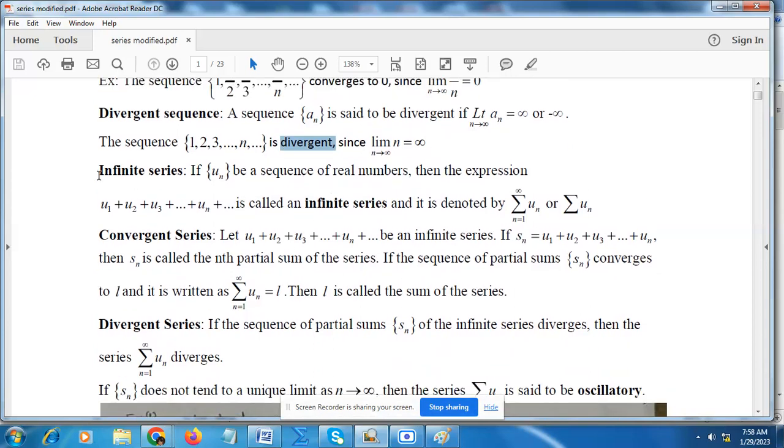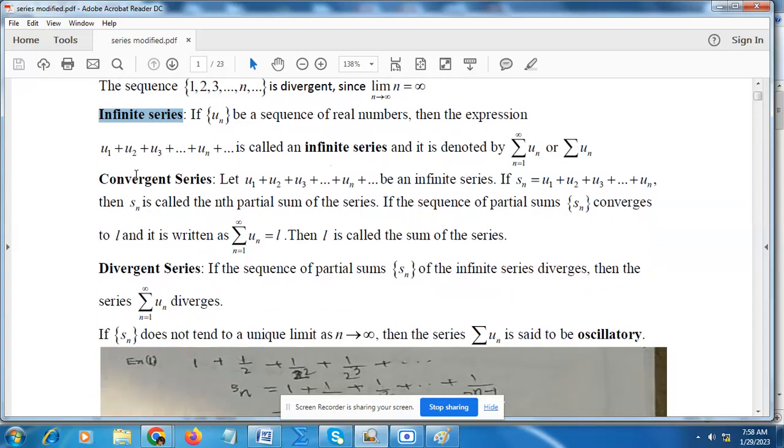Now define infinite series. To define an infinite series, first you consider un as a sequence of real numbers. Then the expression u1 plus u2 plus u3 plus so on plus un plus so on is called an infinite series, and it is denoted by sigma un.